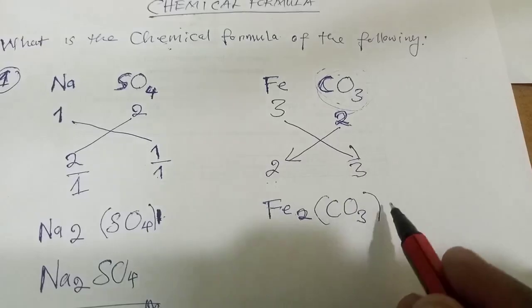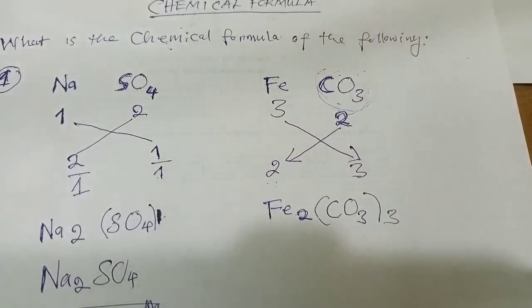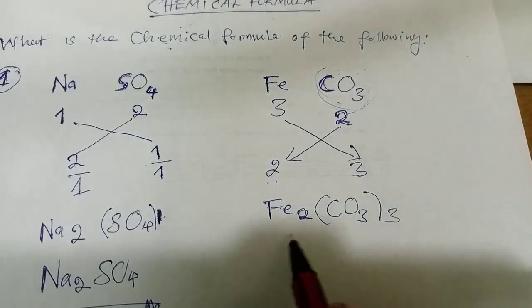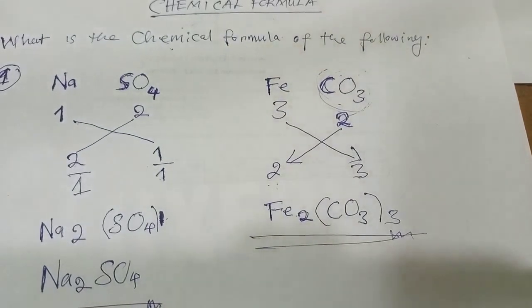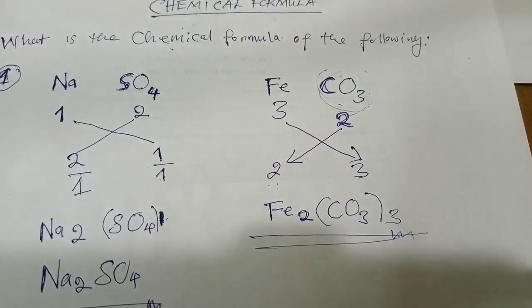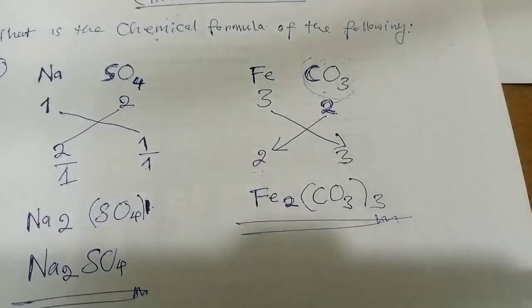Then you put that number here, and the number is 3, like that. So this is how you are supposed to write this iron 3.